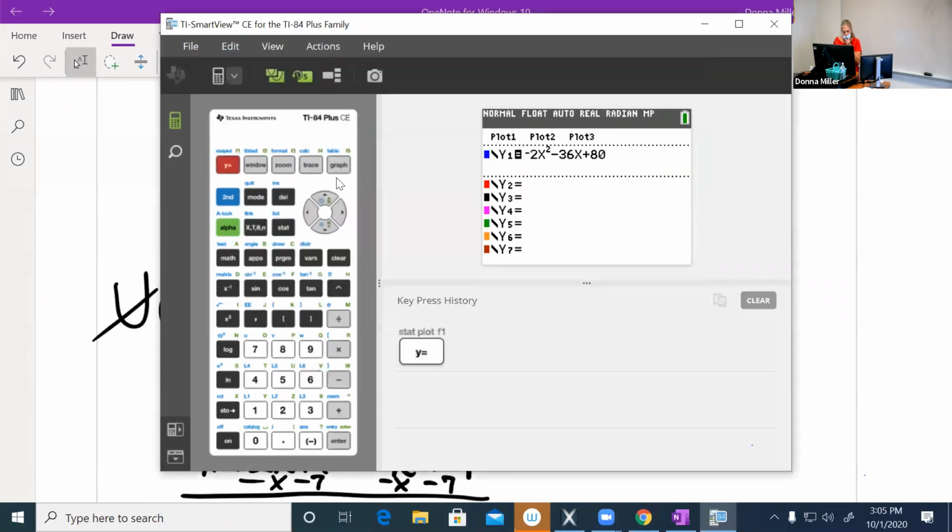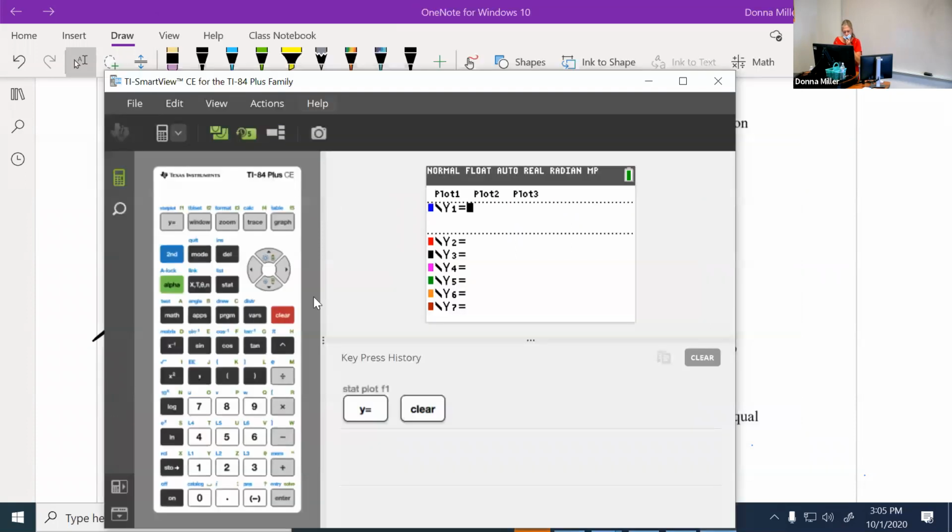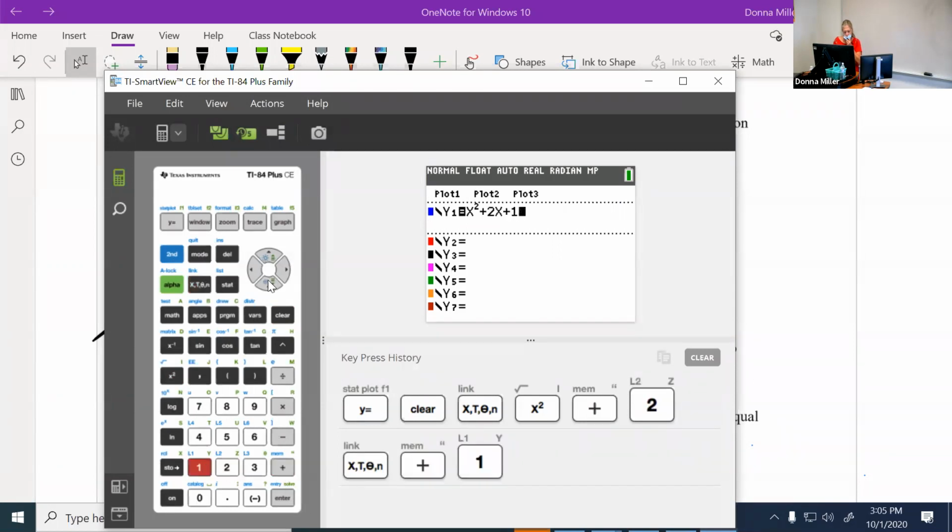Okay, so let me clear that out. One of them was x squared plus 2x plus 1. Type that in y1. And the other one was x plus 7. So I'm going to type that one in.